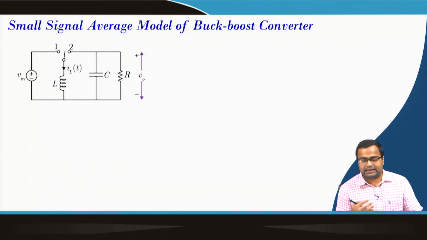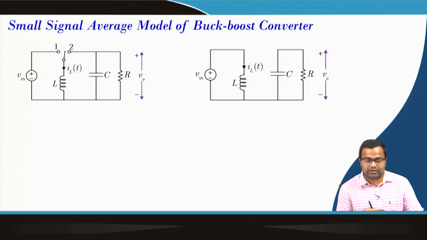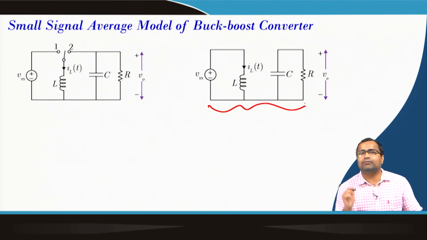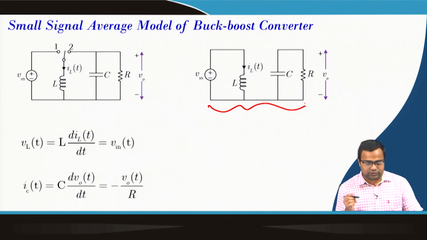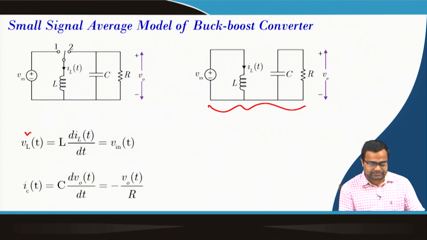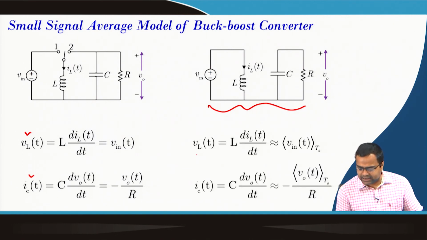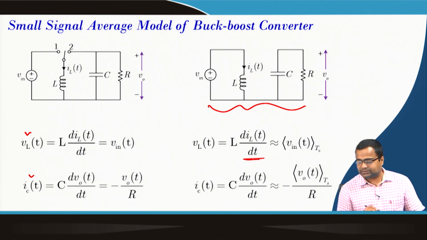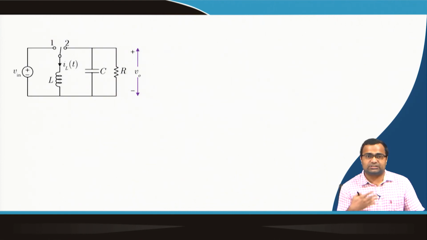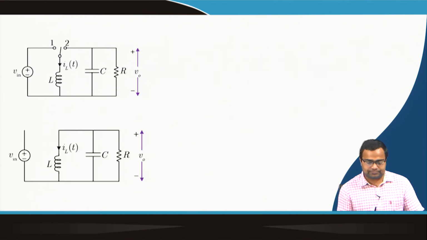Now, the same technique can be used for a buck boost converter, where when the switch is on you get one set of circuit, and you can write down the inductor voltage expression and the capacitor current, and you can write down their average dynamics, okay? Average voltage, average current dynamics. That means what we did for the circuit averaging technique is averaging the waveform.